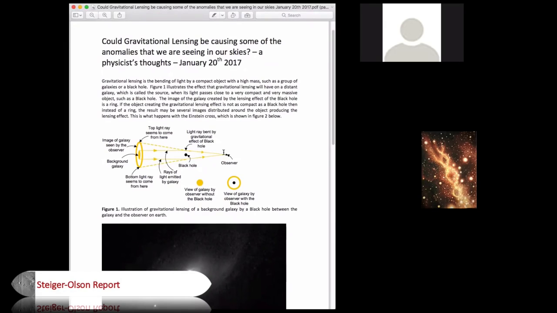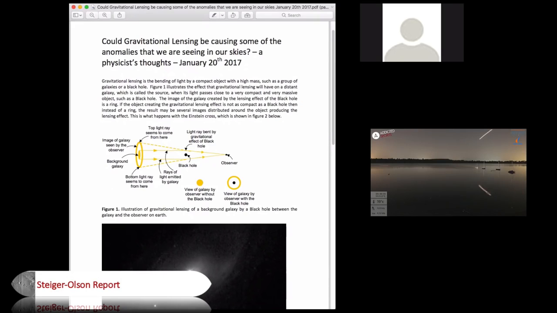And it's a great paper, because when we talk about what Einstein theorized about a black hole, that in a distant galaxy, if that light was coming and there was an object in front of that light, that light would be bent around that object and would come out around the object. And we see this again in the Einstein Cross.